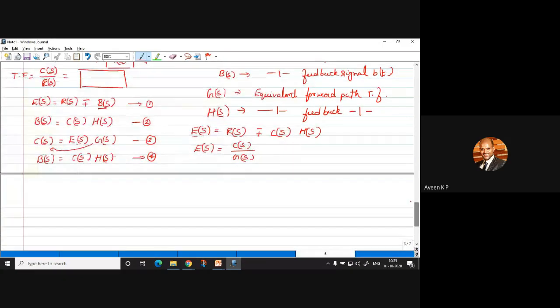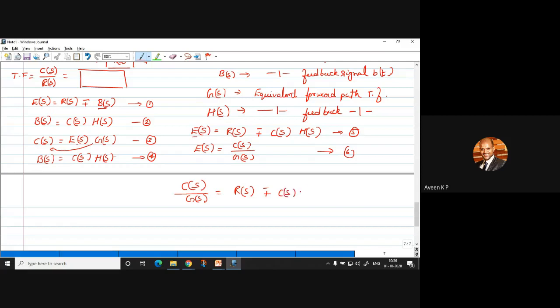I will substitute the sixth equation in the fifth. So C of S by G of S is equal to R of S minus or plus C of S, H of S.